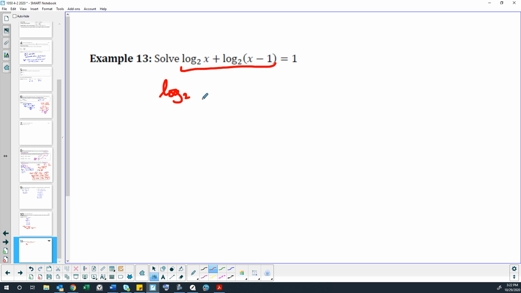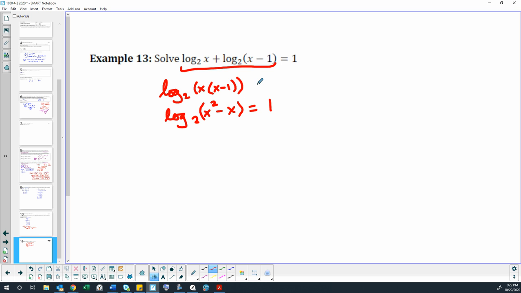Then addition means multiplication, so it's going to be x times x minus 1. The addition of logarithms is the multiplication of the exponentials. So we're multiplying those arguments together to combine it into a single logarithm. Okay, so that gives us log base 2 of x squared minus x.